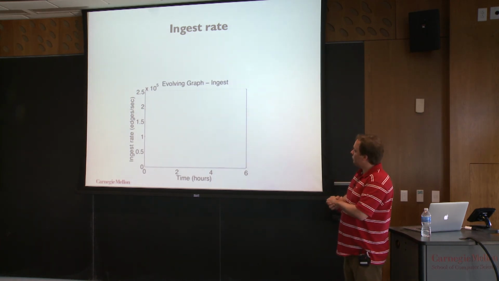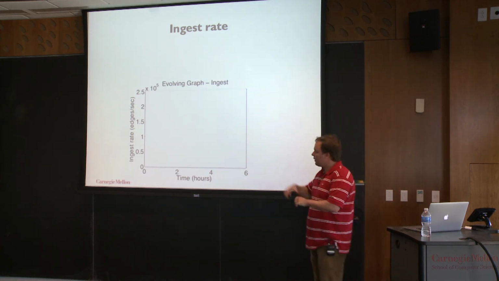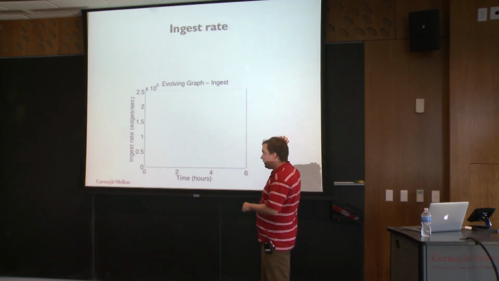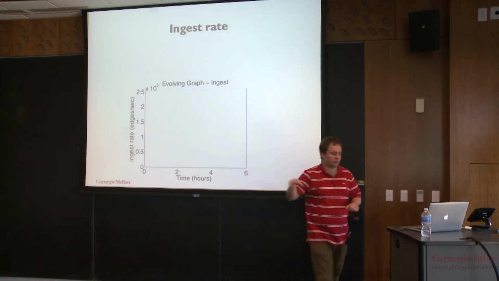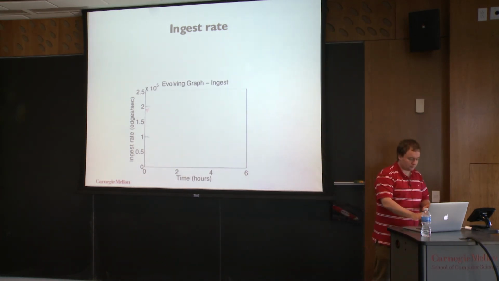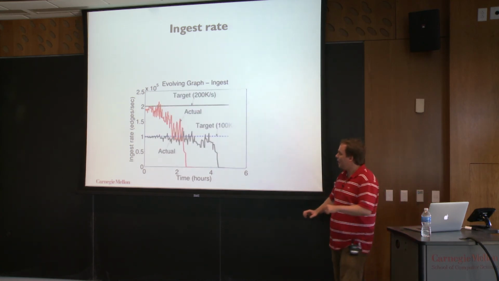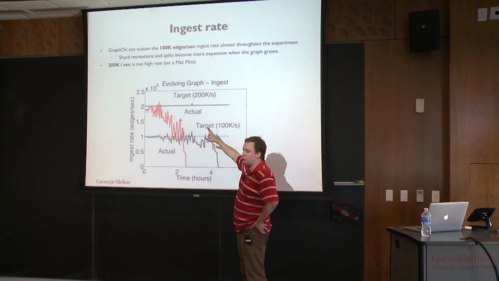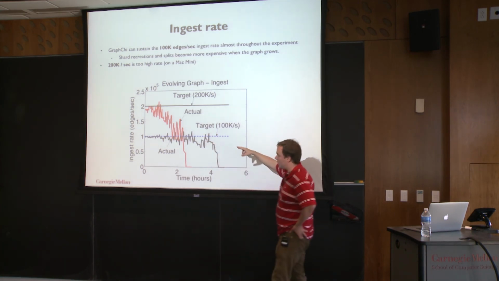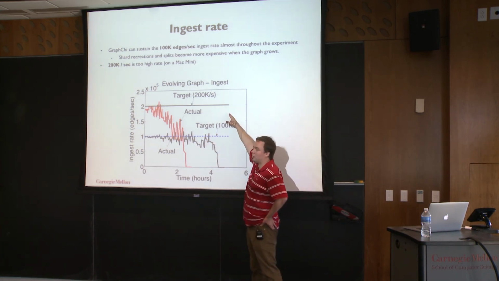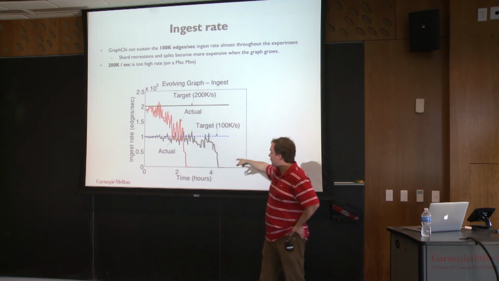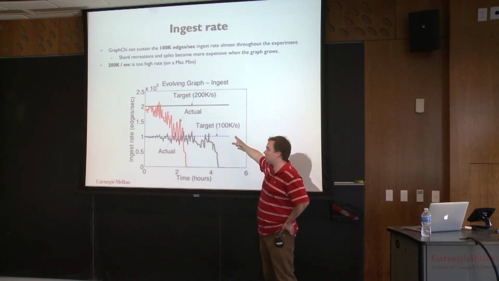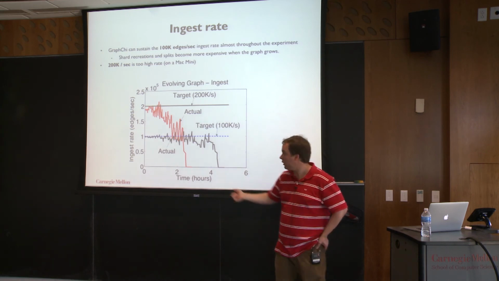So let's look at the ingest rate. Can we actually keep on adding 100K edges per second? The red line shows what is the actual rate of edges inserted into the graph when we had this target of 200K per second. And the black one is for the case where we had a target of 100K edges per second.